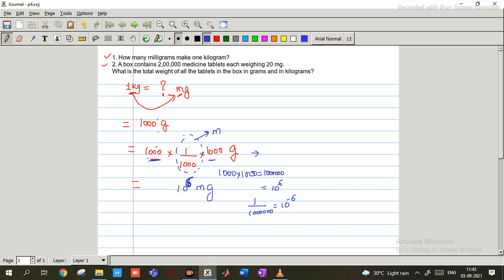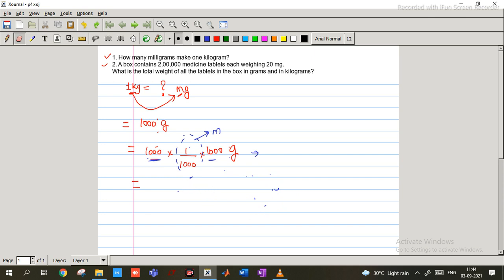As I have told you, it is 10 raised to 6, but once the denominator power comes into the numerator, it converts into the negative power. So these are the things I think you should be clear about. Now let's do our second part of the question.